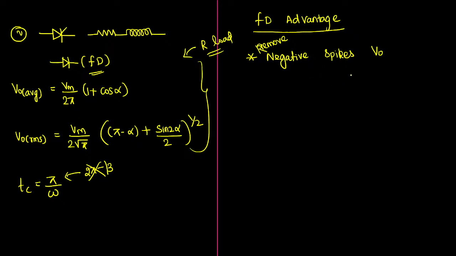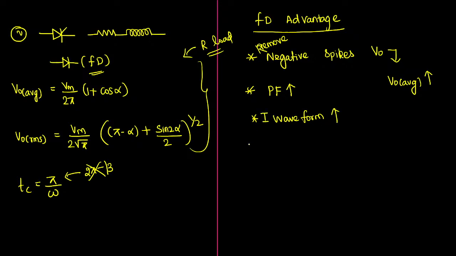So only positive voltage will come. Such that the value of V0 average will be increasing. Next, because of that, the power factor offered by the circuit will be improved. Okay, sir. Next, the current waveform also will be improved.